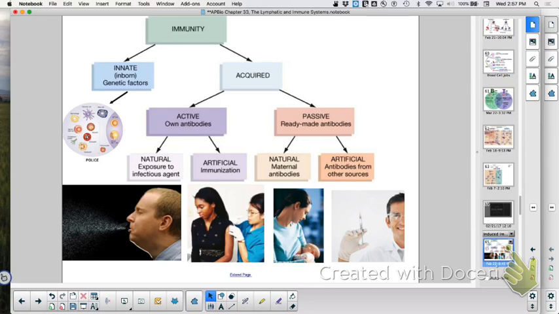Well, I was either exposed to the real antigen and I got sick, or I don't want to get sick, so they gave me a fake antigen in a shot, but it's enough to trigger that immune response. This type of immunity is not long-lasting. This is temporary immunity. You are borrowing somebody else's antibodies for the short term.